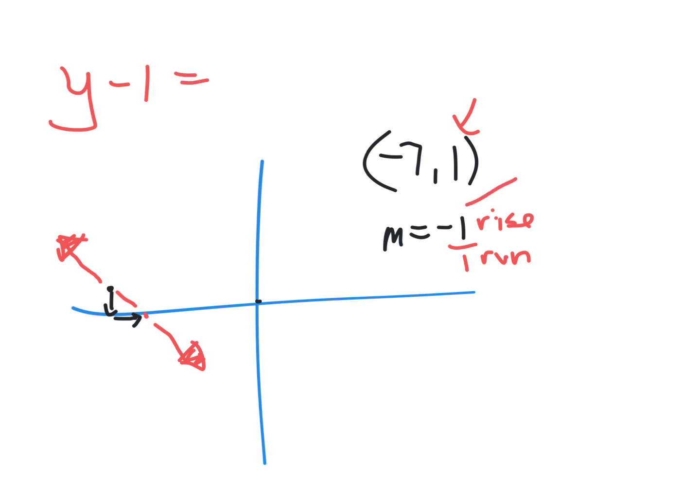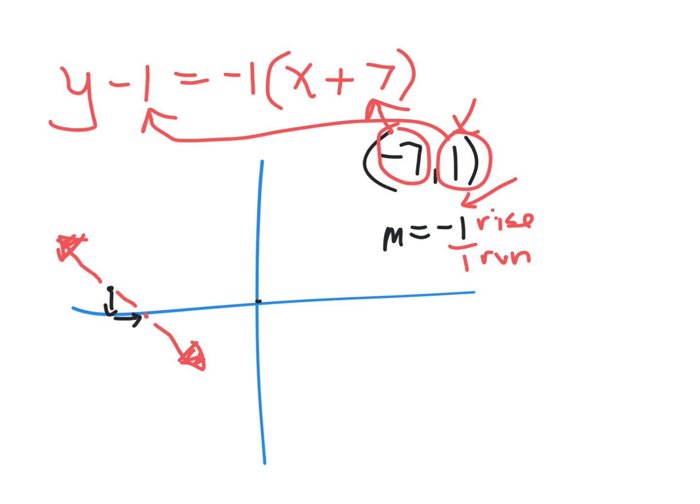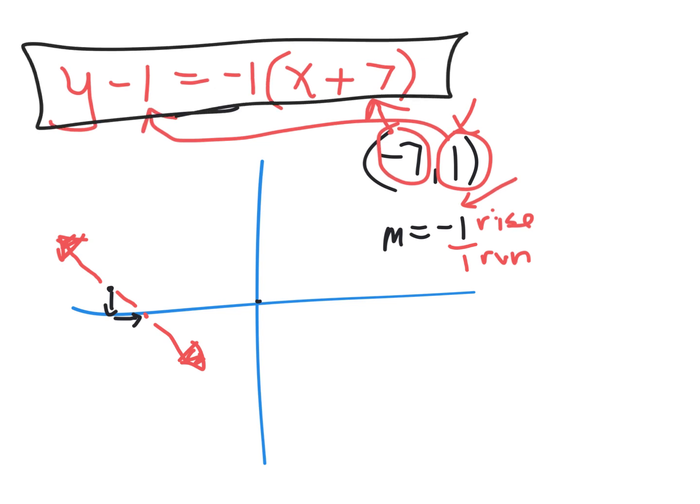And instead of telling you the slope was just m is -1, they might have put the -1 there. And you're supposed to know that's where the slope goes. And then what would the last thing be? Plus 7, because you always do the opposite of this number there, and the opposite of this number there, right? So if they just gave you this, you should be able to go, okay, you just gave me a point, you just gave me a slope, I can graph that.